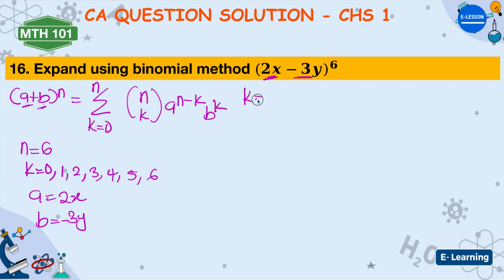is equal to 0. This sum here means you should add everything: when k is 0, k is 1, k is 2, k is 3, k is 4. Are you getting it now?